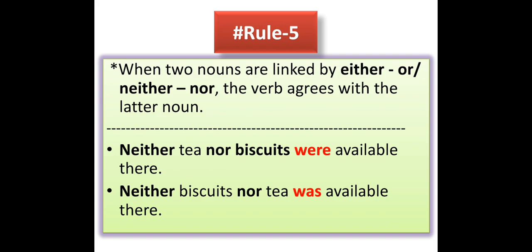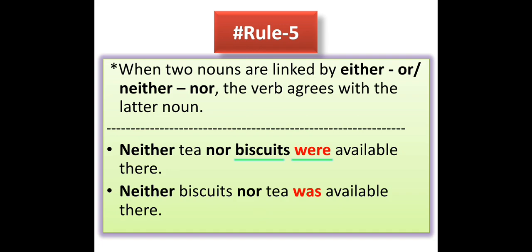I have just changed the position of the subject so that I may explain it in a better way. Like you see, first example, neither tea nor biscuits were available there. So which subject has come later? That is biscuits, and it's plural. That's why the verb is also plural. Understood?